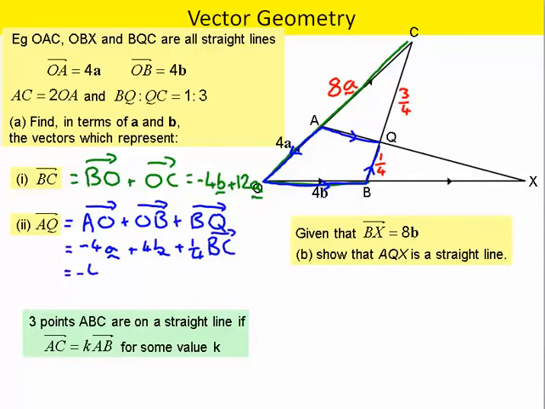So we have minus 4a plus 4b plus 1/4 of what we had before.